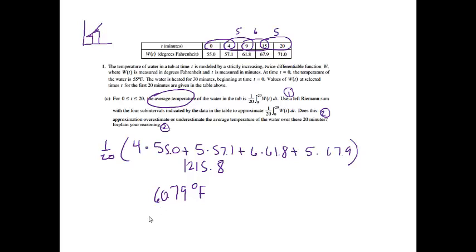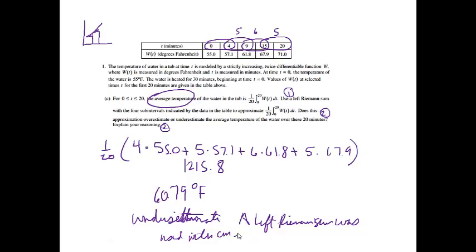So this is going to be an underestimate, and that will be because a left Riemann sum was used with an increasing function.